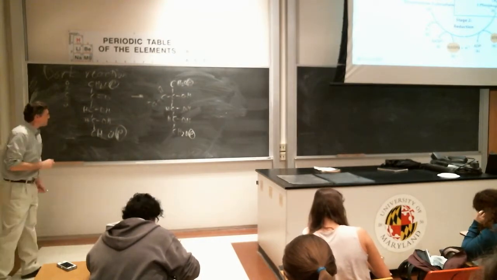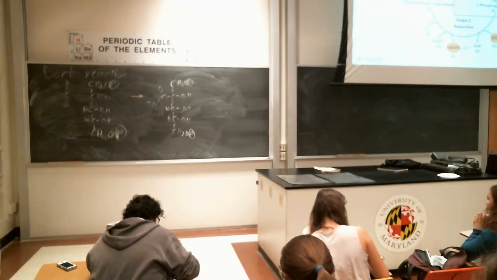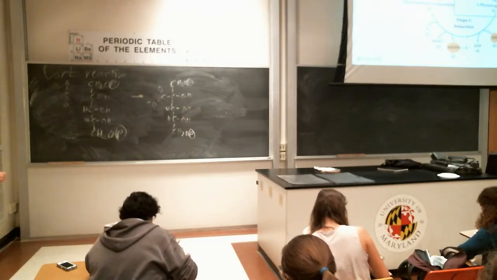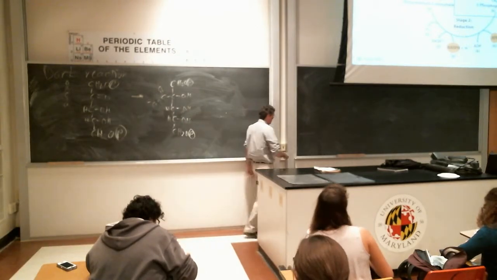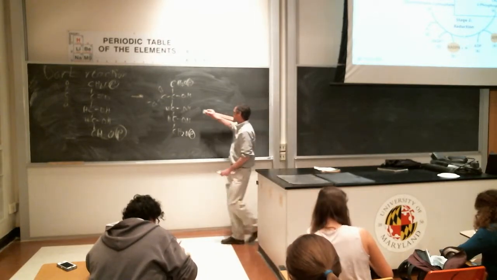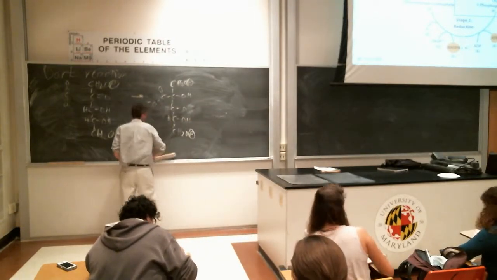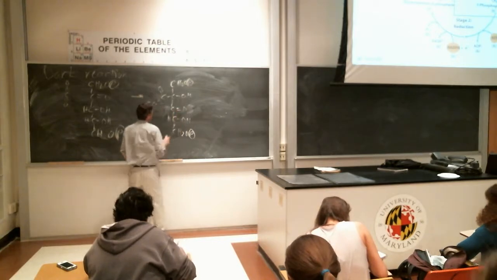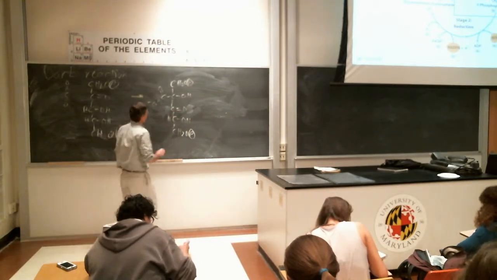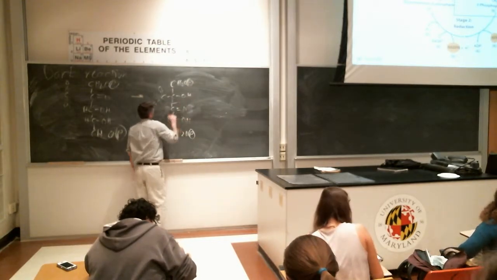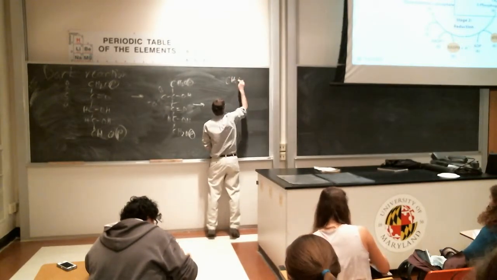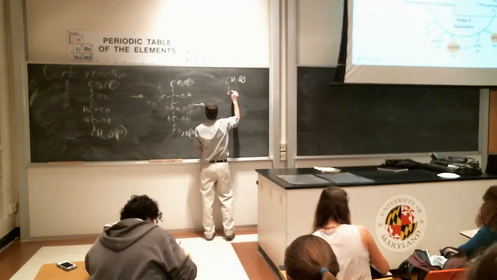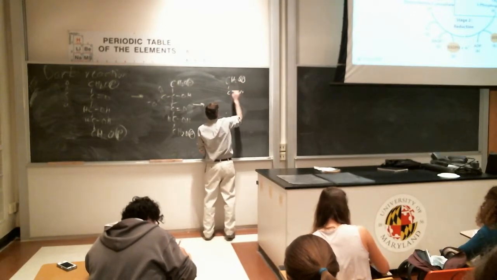Actually, that's not quite the right structure. The intermediate is going to have this structure, where those 2 H's. Then that's going to be broken in half, breaking that carbon-carbon bond, and that's going to generate 2 molecules of 3-phosphoglycerate.